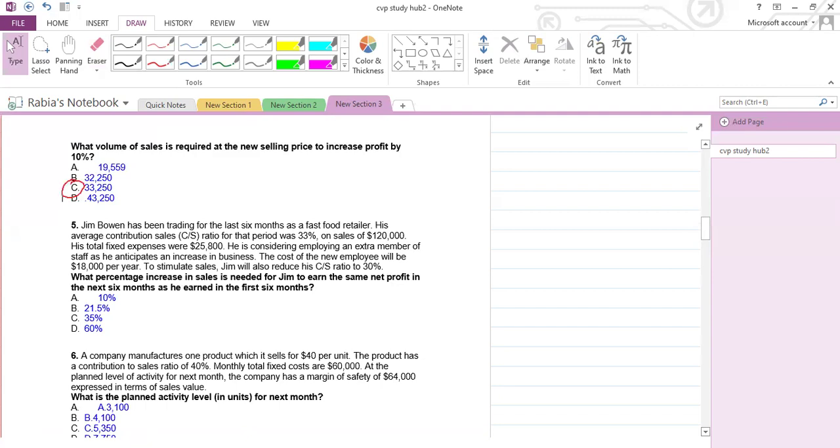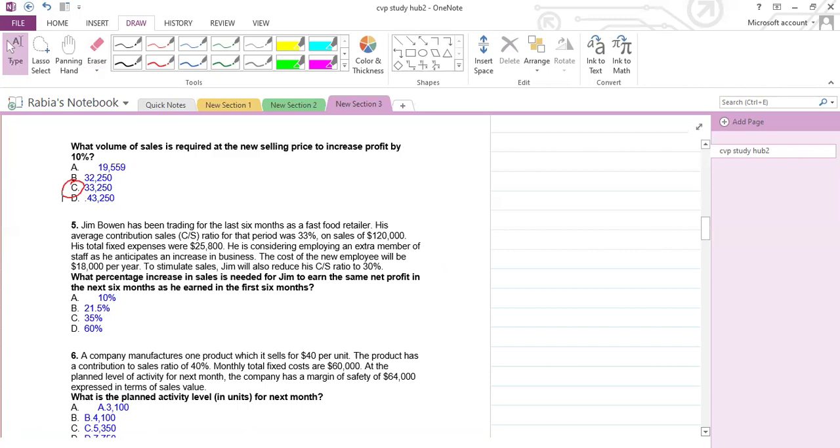The cost of the new employee will be 18,000 per year. To stimulate the sales, Jim will also reduce the contribution to sales ratio to 30%. What percentage of increase in sales is needed for Jim to earn the same net profit in the next 6 months as he earned in the first 6 months?